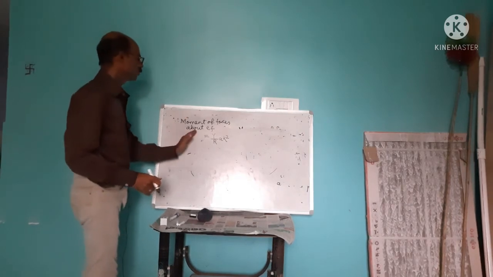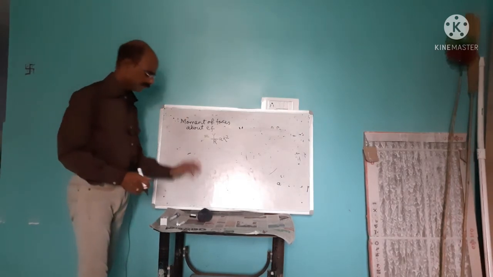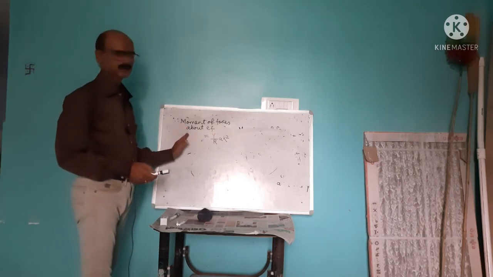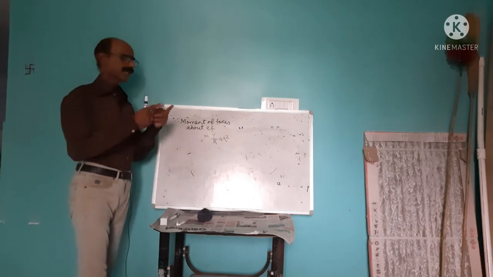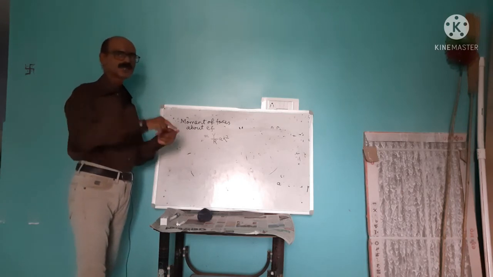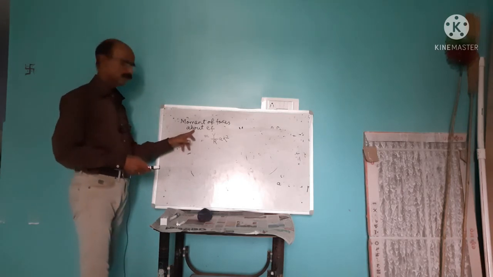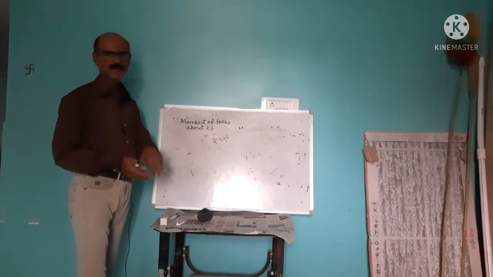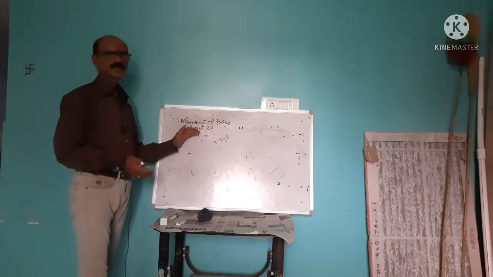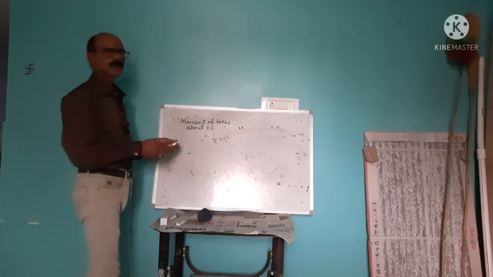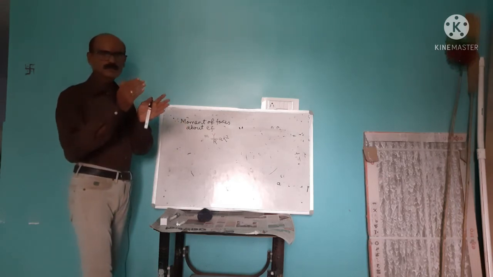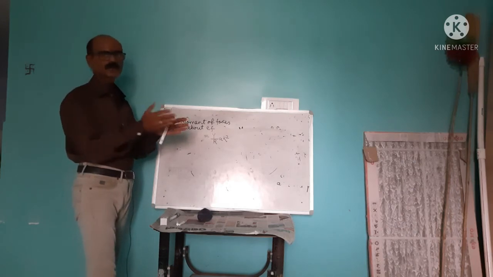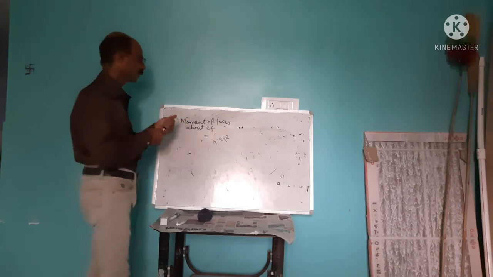This moment of forces about EF is actually called the bending moment. Actually it is the internal resistance to the bending, and therefore it is called internal bending moment. And when the body is in equilibrium, this internal bending moment is equal to external bending moment.